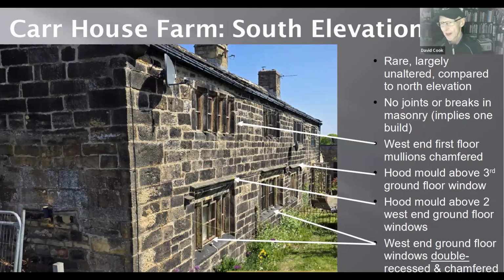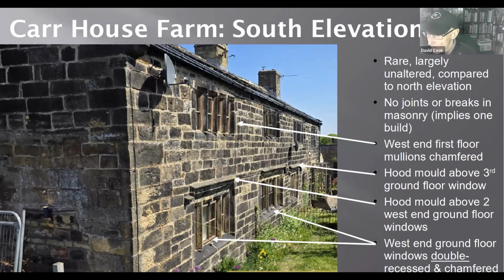angle. Taking a photograph at an oblique angle has its benefits actually, because I hope you can see with this one, as you look along that elevation, we've got continuous courses running along the entire elevation here. So you can see a single course goes all the way to the end, both upstairs and downstairs.